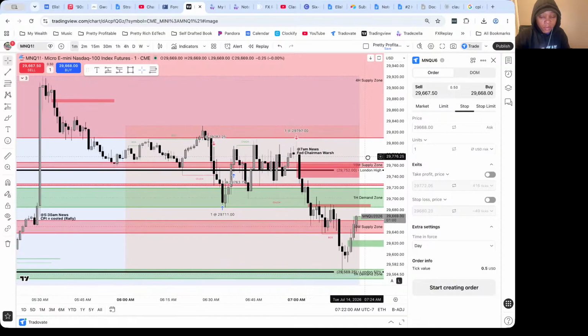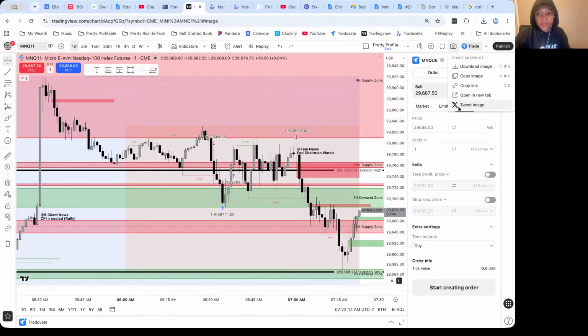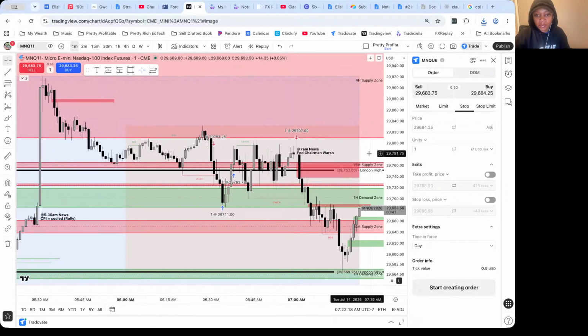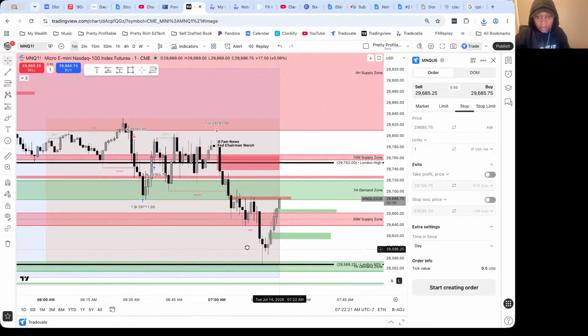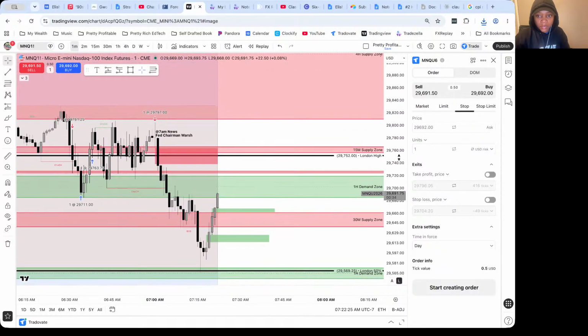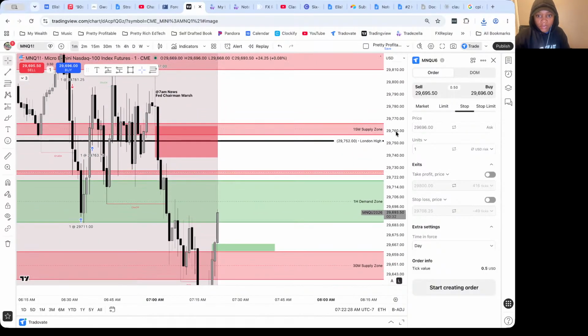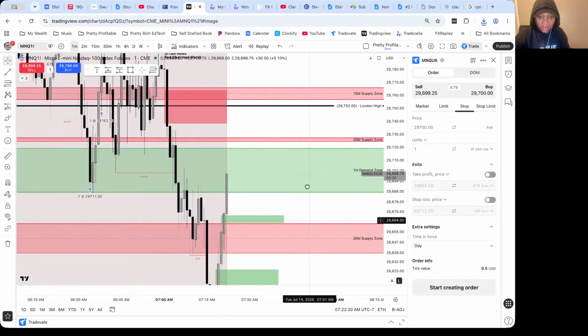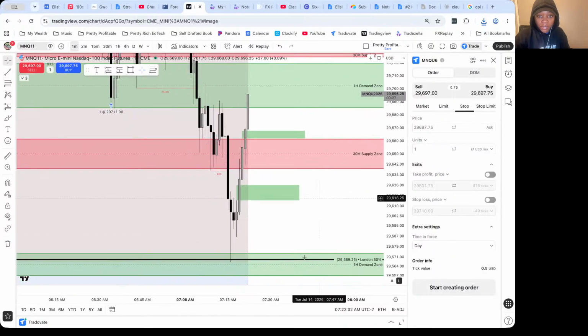Price got all the way up to this. Wow. I'm actually going to take a picture of this. Okay, so now look, y'all. This is what I want to learn. So now we're having a rally.